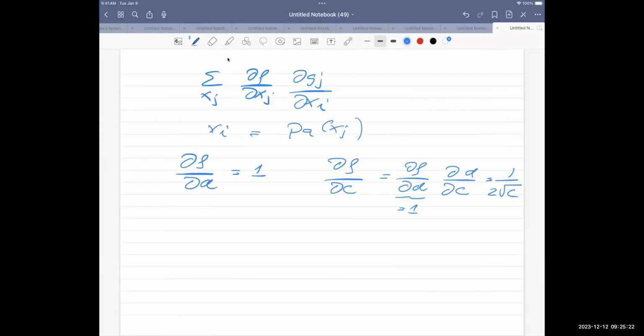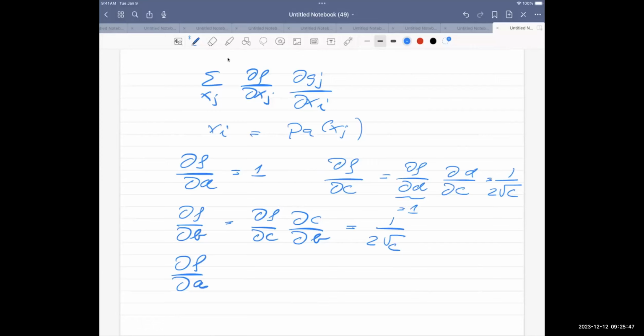And then I need my df with respect to b here. And that is obviously given by df of dc of db. And that is again 1 divided over square root of 2c. And then I need the same for df dA. And I'm just going to leave that as an intermediate case to you guys.